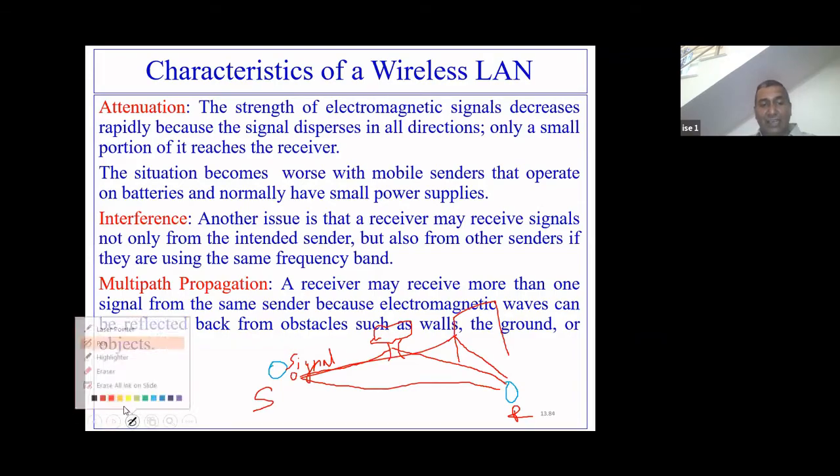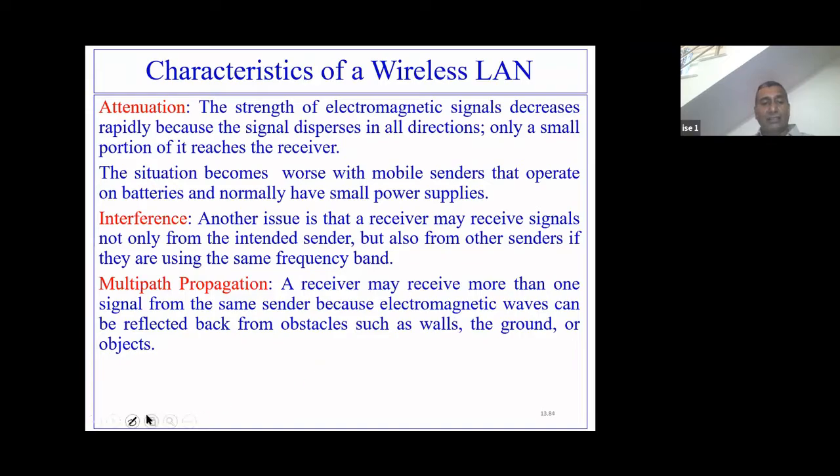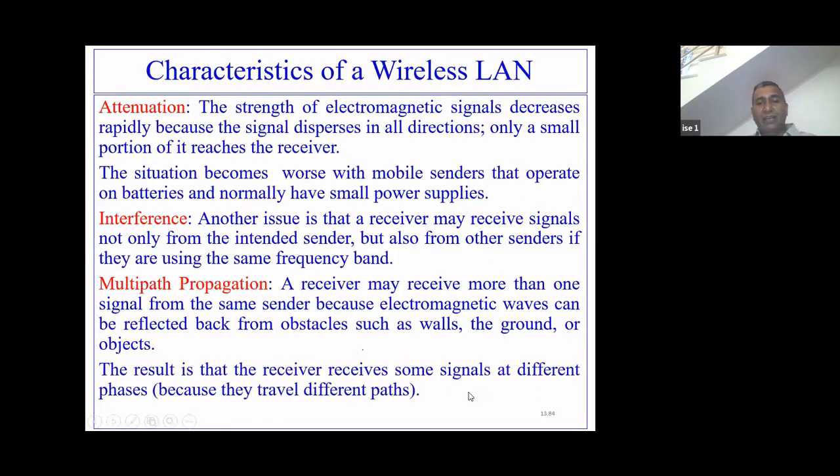So this is another characteristic of wireless LAN. The result is that the receiver receives some signals at different phases.